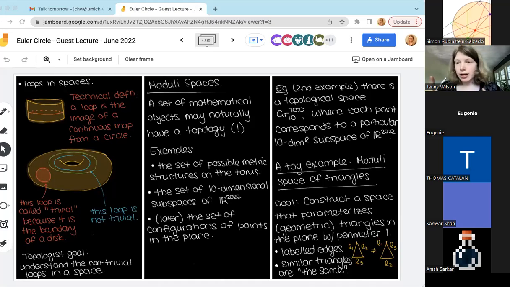So the key word there is homotopy. These 2 loops are homotopic to each other, even though they're different loops. So a topologist would say both the blue loop and the green loop are examples of non-trivial loops. But when we study our loops up to homotopy, we would say that the blue loop and the green loop are somehow the same loop in the space.